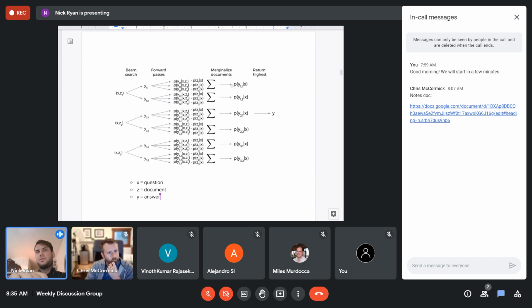And so the answer you're looking for here, which is the probability that given the question you're getting this hypothesis Y11, is just the sum of the probability that you get it from document 1 plus the probability that you get it from document 2 plus the probability that you get it from document 3. And that's how you recover these probabilities.